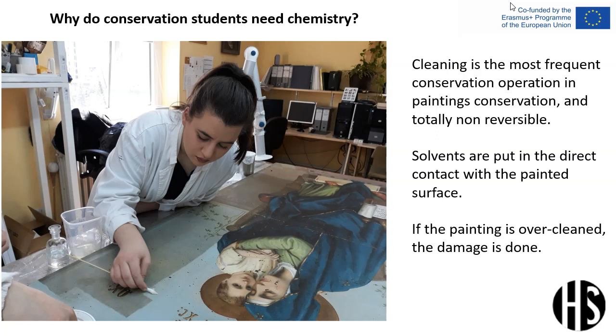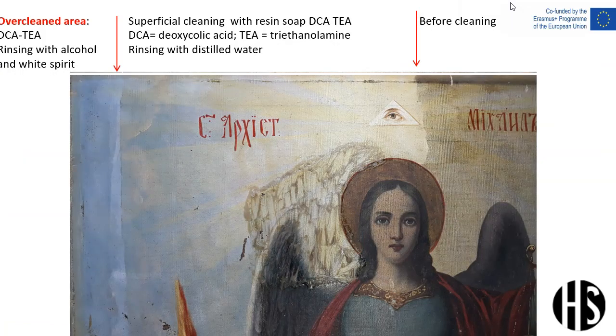This is the example. Just a visual example. On the right hand side, you see some dirty painting area before cleaning. In the middle, you see this area that has been cleaned this way, and on the left you see the over-cleaned area.